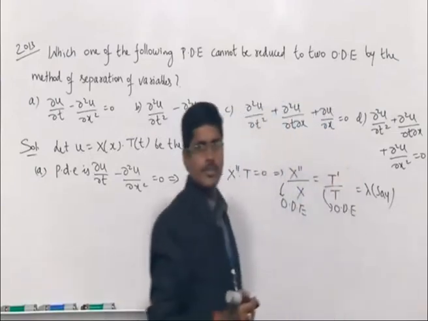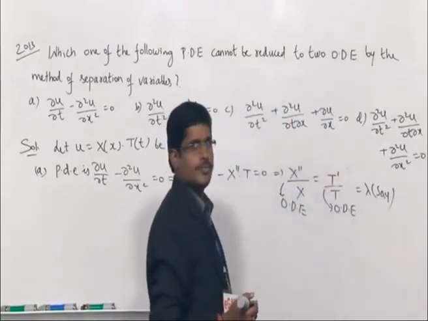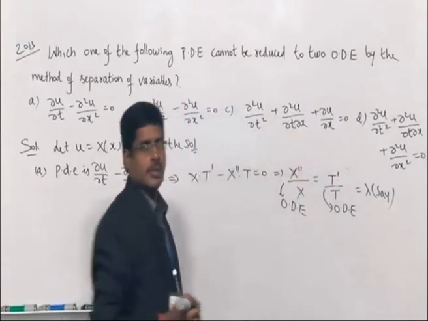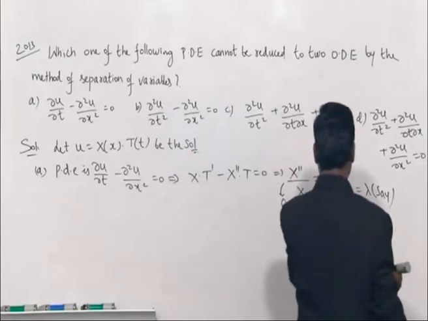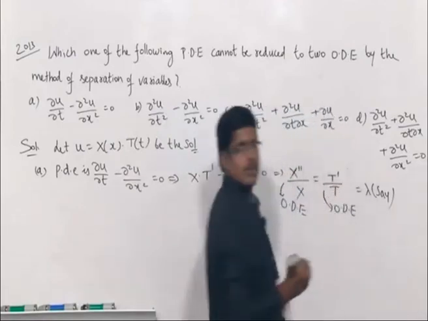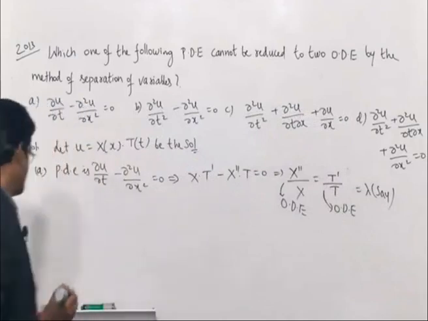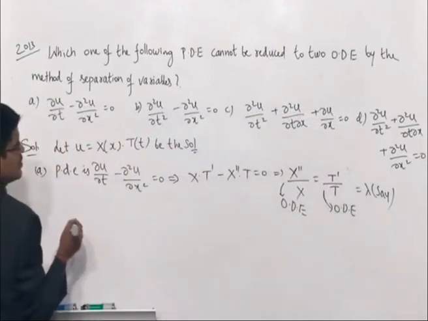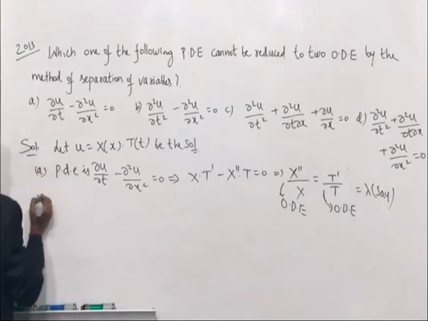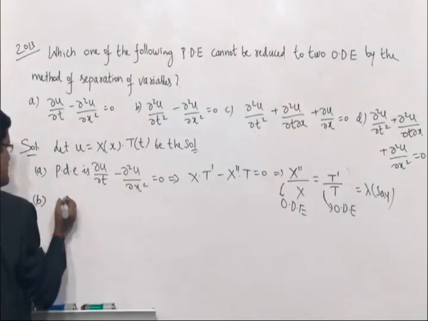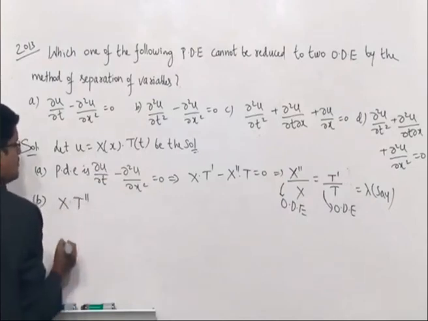T dash and x double dash divided by t OD. Next, option B, dou square by dou t square, that is x t double dash.